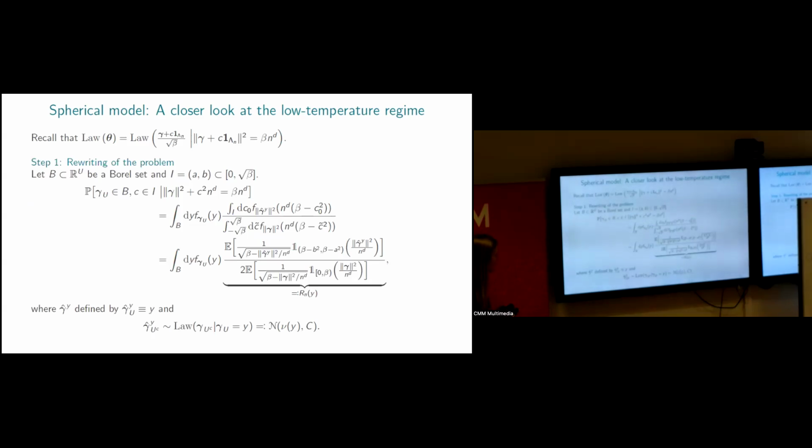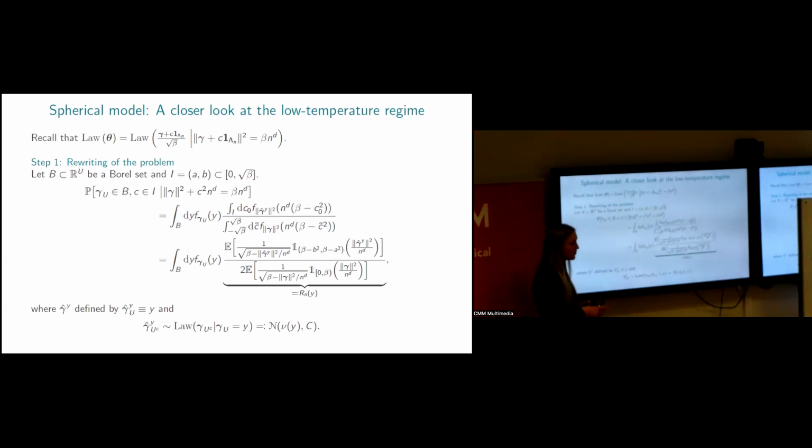Okay, and it's a favorite one because basically once one finds a nice way to rewrite things, it's kind of clear that things will work out. So basically, if we look at the joint law and use densities to rewrite things nicely, so here basically this gamma is also done.